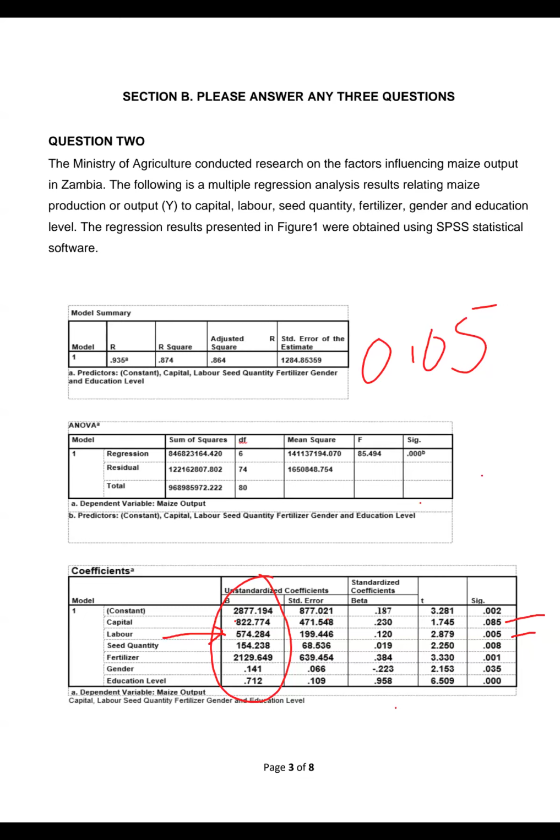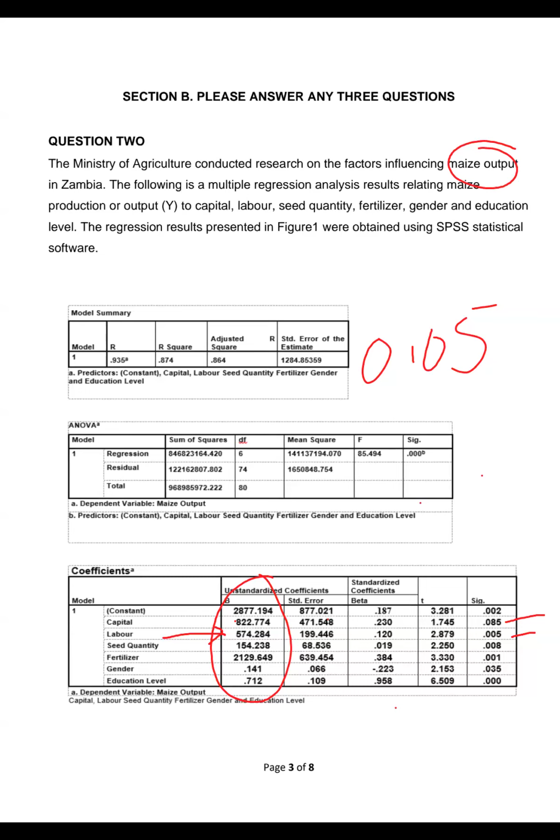An increase in fertilizer increases by 2,129 units. You're following, eh? It increases the maize output. That's how it should be reading.